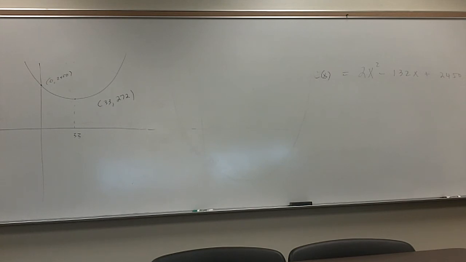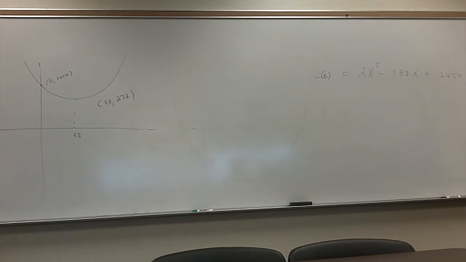What does that tell us about the cost? That's the lowest point. That's the lowest cost. If it's dollars, $272 is your minimum cost. If you put fewer machines than 33, it's gonna cost you more money. If you put more machines than 33, it's gonna cost you more money.